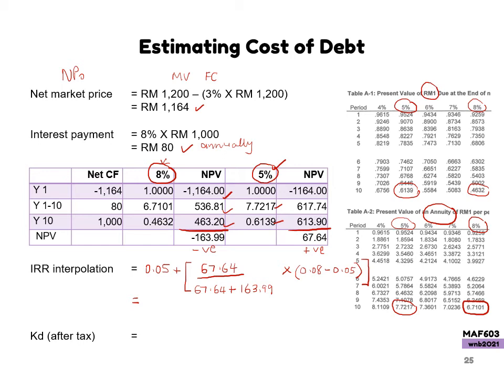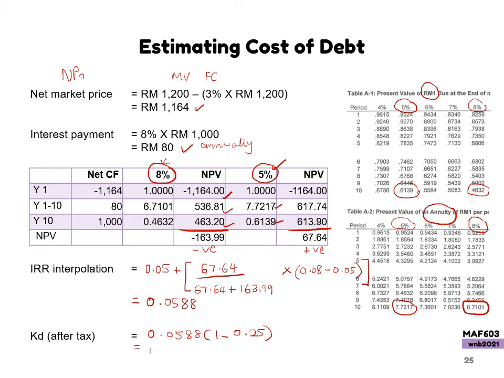You should get IRR of 0.0588. So tak settle lagi, kita nak cari KD after tax. So ambil balik 0.0588. We need to times with 1 minus tax. Tax dia 25%. 1 tolak 0.25.